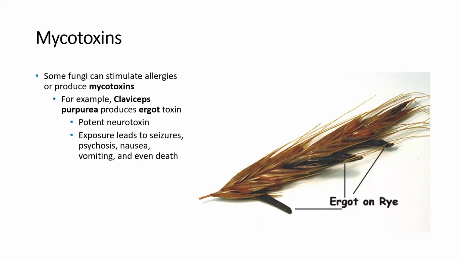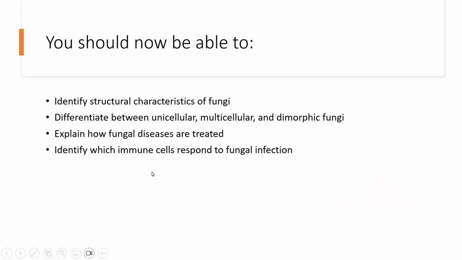You can get the growth of this fungus on the rye, and if you eat that, you can get this neurotoxic effect that results in things like psychoses and seizures, so it's been proposed as one of the things that could have been happening to those young women in Salem.